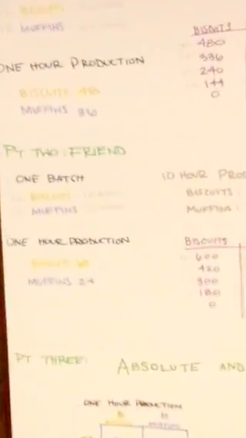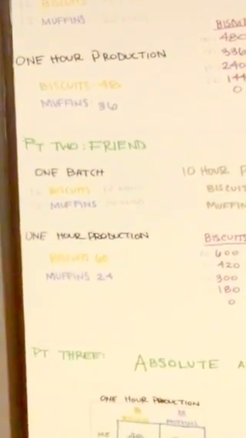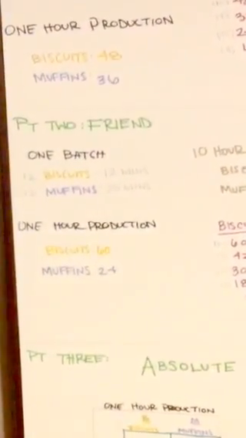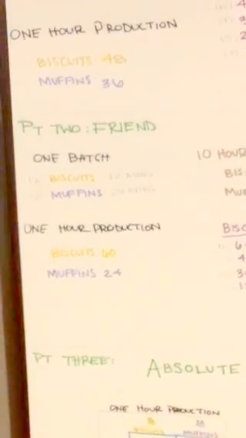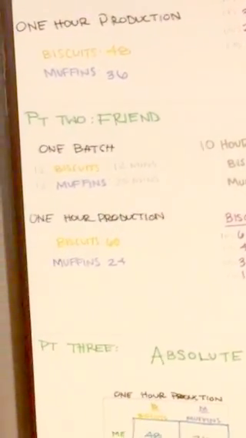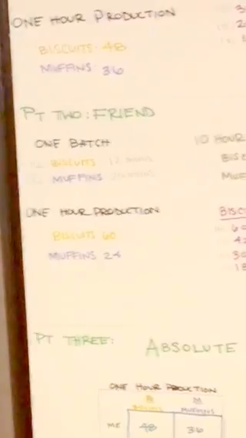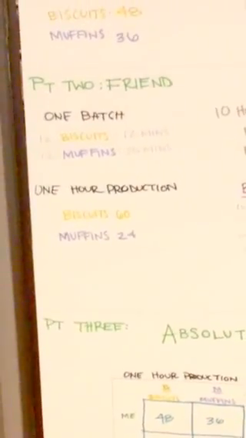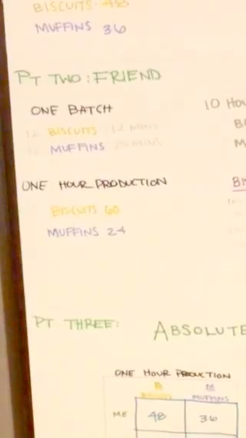Next is my friend's side of the production, where her first batch is a little different, where she can make a dozen biscuits in 12 minutes and a dozen muffins in 25 minutes. From that, we can see that she can make 60 biscuits in 1 hour and 24 muffins in 1 hour.